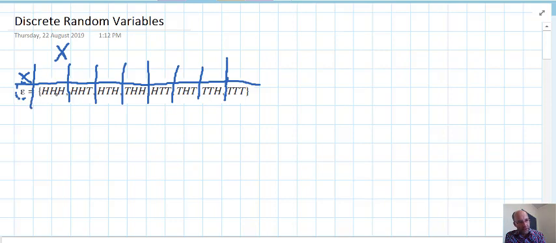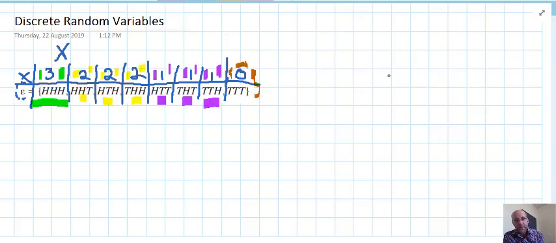Well, we've got HHH, so that's 3 heads. So X is 3, 2, just 2 heads there, 2, 1, 1, 1, 0. So we have some sort of distribution there. The values that X can have, I've grouped them. X can be 0, 1, 2, or 3.